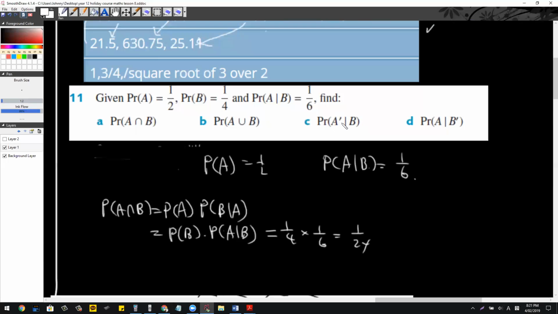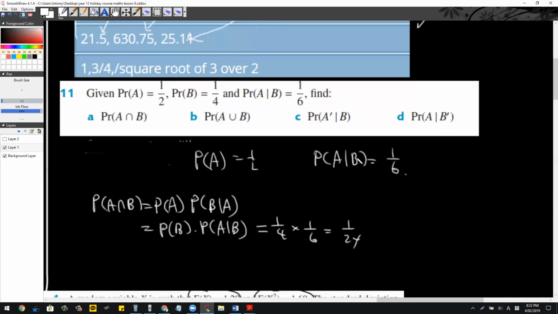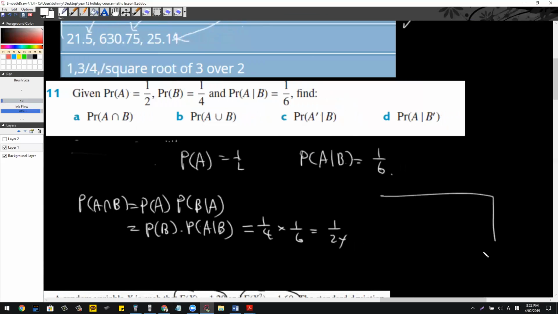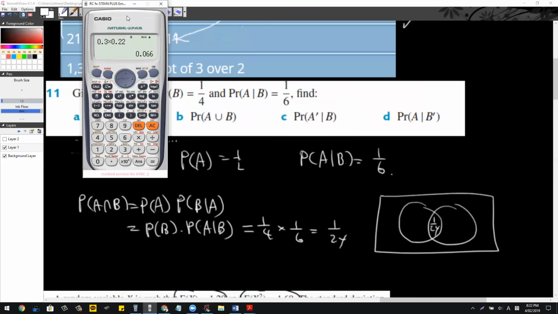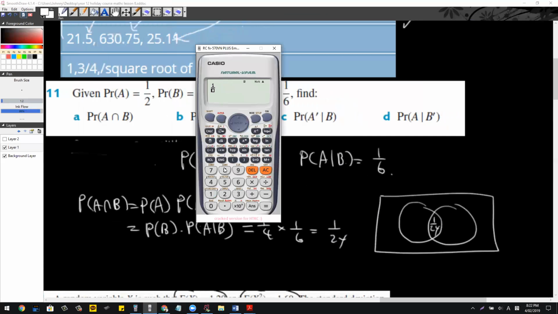Well, we can figure that out. We can now construct a Venn diagram, which will be the easiest. So we figured out A and B, right? That's 1 on 24. But A is 1 on 2. So if I take away 1 on 24 from 1 on 2, that's 1 on 2 minus 1 on 24, which is equal to 11 on 24, of course.